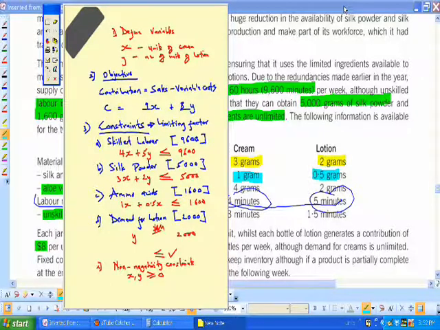What this means is that I don't want negative units of cream, it doesn't make sense. And I also don't want negative units of lotion, it doesn't make sense. I don't want a situation where I have negative values of x and y. Is that clear? So we finished with what we call the constraints.